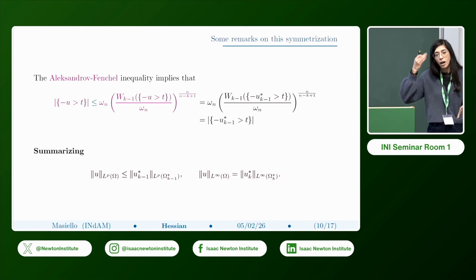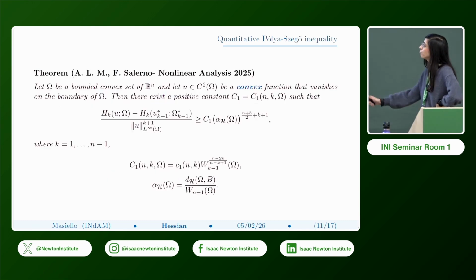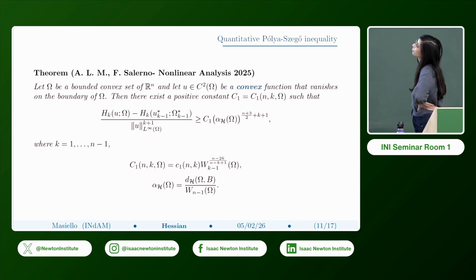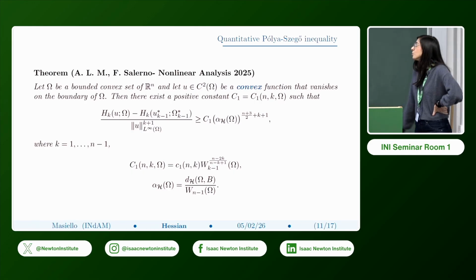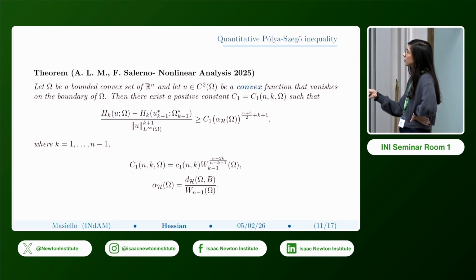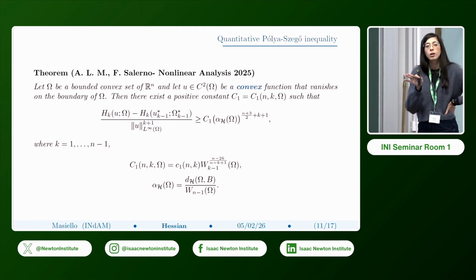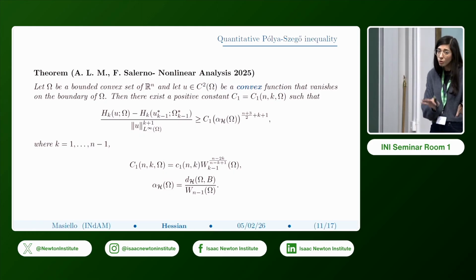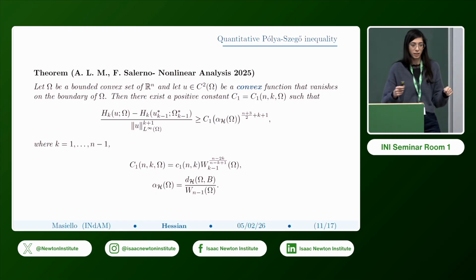And where our contribution comes in this setting is a quantitative improvement of the Pólya-Szegő type inequality. So this first term here, greater or equal than 0, was the inequality proved by Zhou that tells you that the Hessian energy decreases under symmetrization when you fix the k minus 1 Quermass integral.